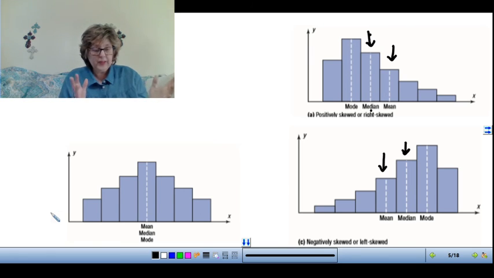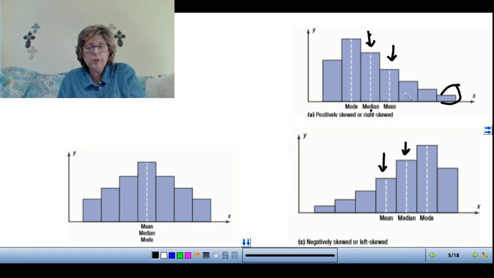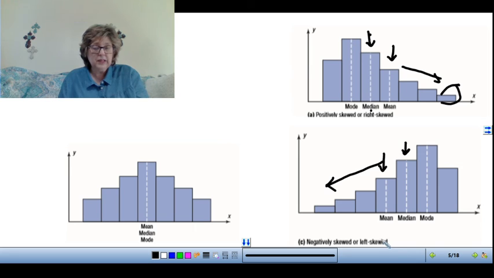We don't want them added in there to pull the mean out of the way, because we have what's called outliers, and these outliers are pulling the mean away from the median and the mode. Down over here, these smaller numbers are pulling our mean away from our median and our mode.